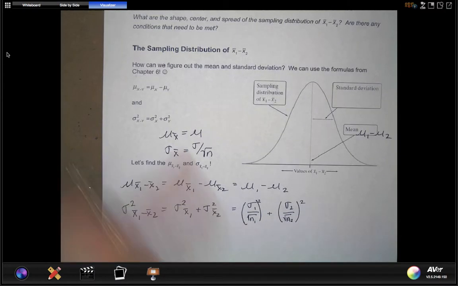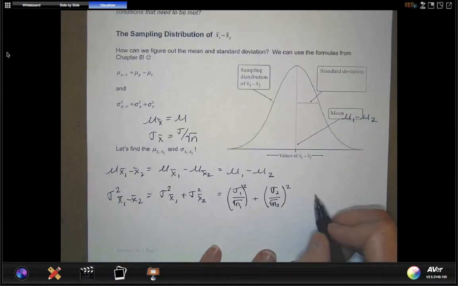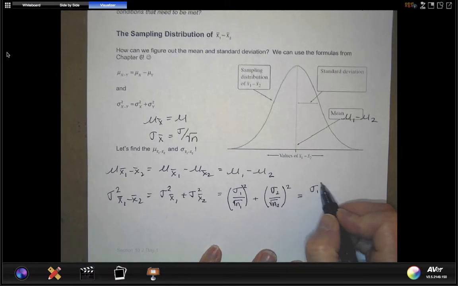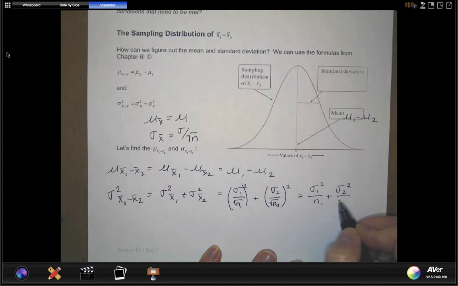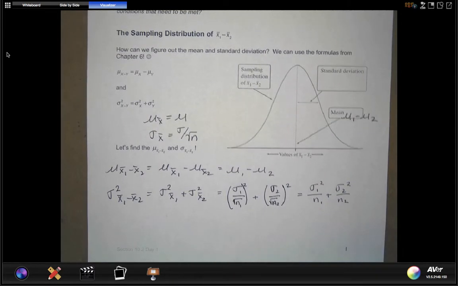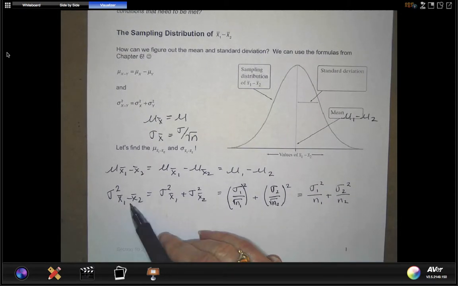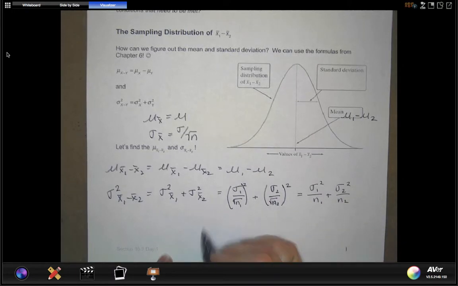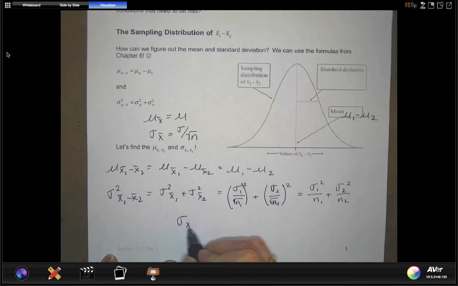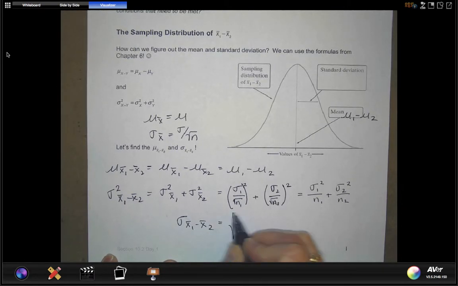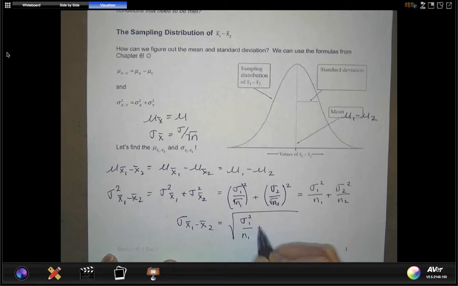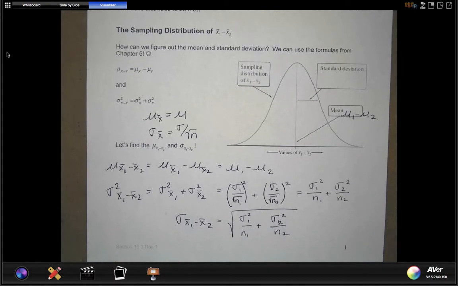When I square those, I end up with sigma 1 squared over n1 plus sigma 2 squared over n2. But again, this is the variance of the differences in the means. So if I want the standard deviation, I've got to take the square root. The standard deviation of the differences would just be that.